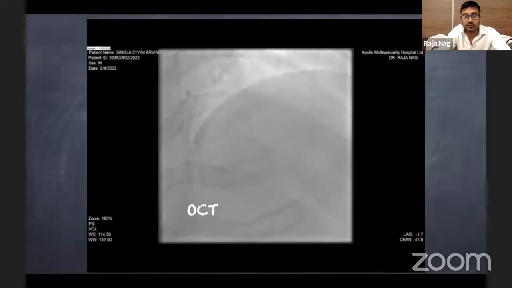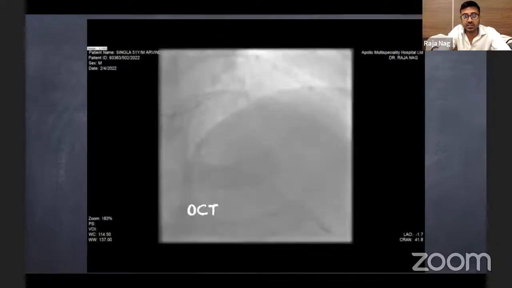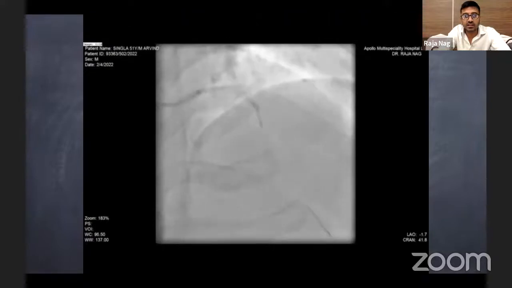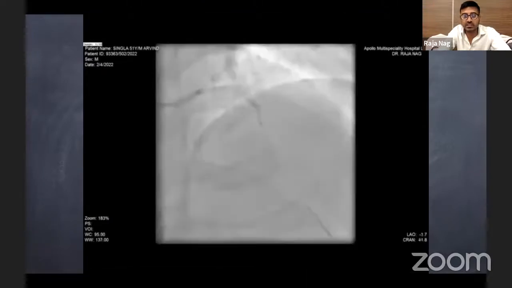I had to do a predilatation with a 2.0 balloon, which, as you see from the image, does not open well, and that was after a lot of push and pull on the balloon and the wire. Finally, with a 2.5, we were able to cross this, but there was still a waist. When I went to high pressures with this 2.5, it ruptured.